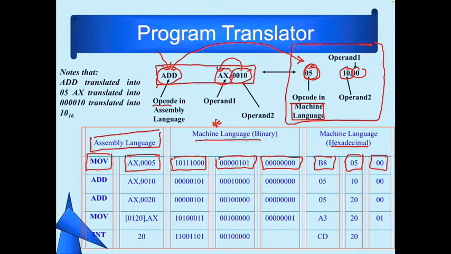And if you look here in machine language, you can see the operands here. We have operand 1 and 2.